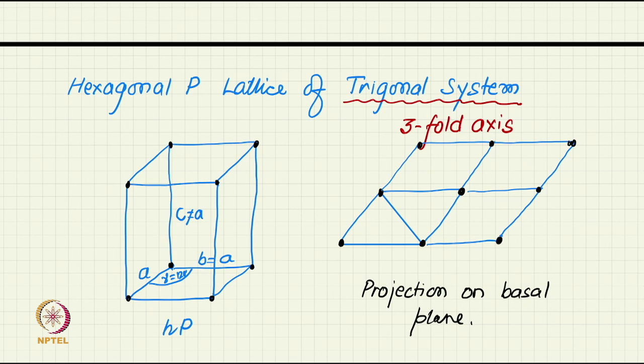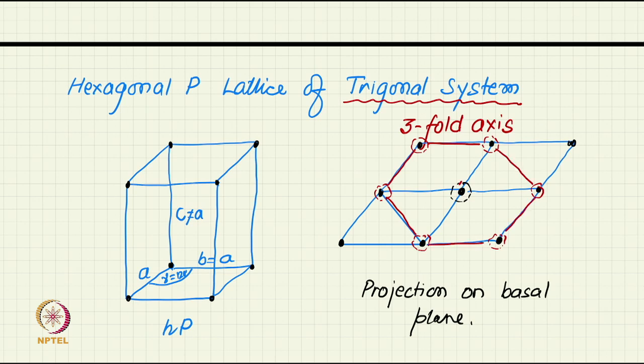So, if you look at any given lattice point, let me focus on this one. You can see that that is surrounded by 6 lattice points here. So, the lattice itself will have a 6-fold symmetry.